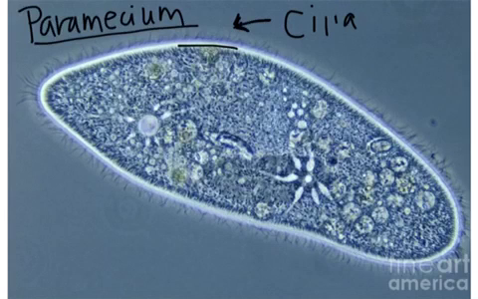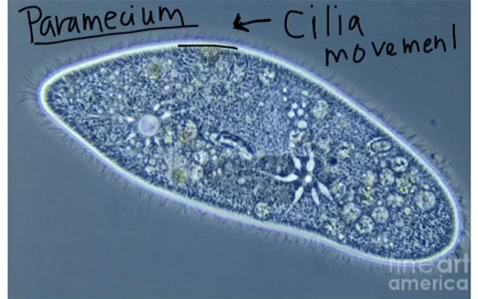The cilia are all of these hair-like structures that help propel and wave around in the water to help move the paramecium. Just like the amoeba, the cilia are for movement. Okay, so that is unique to the paramecium.